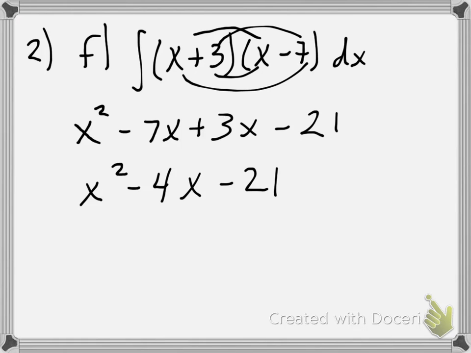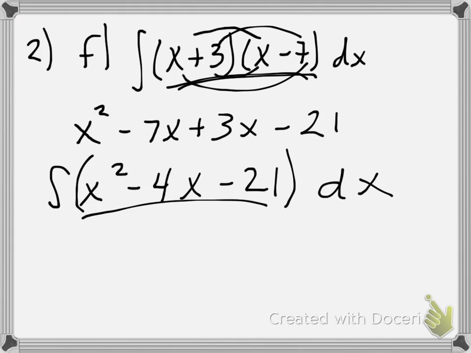And so the integral of the factored term dx is the same thing as the integral of this term dx, because we've expanded the multiplication and they're the same thing. So this part 2f is the same as the one we just did.